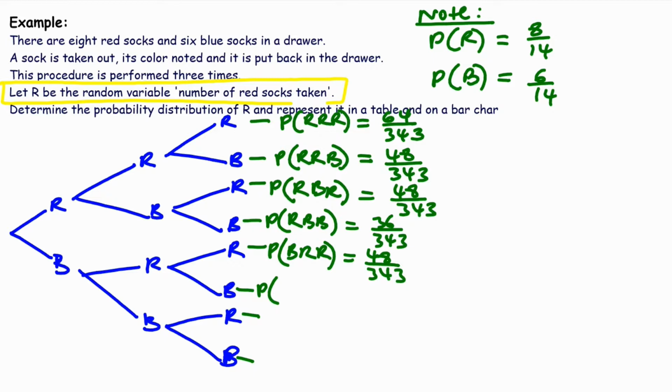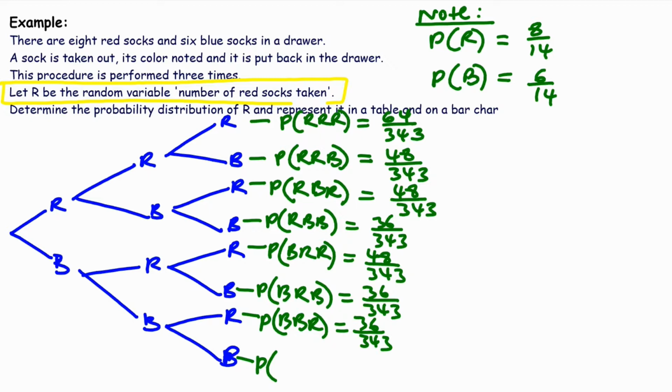Here we have the probability of blue, red, blue, which is 36 over 343. Here we have the probability of blue, blue, red, 36 over 343. And here we have the probability of blue, blue, blue, which is 27 over 343.